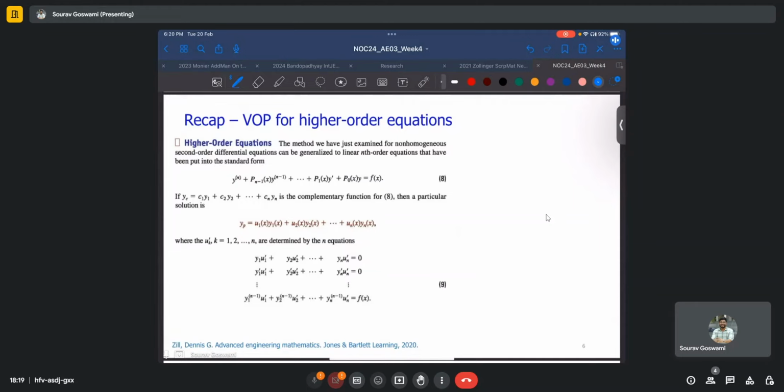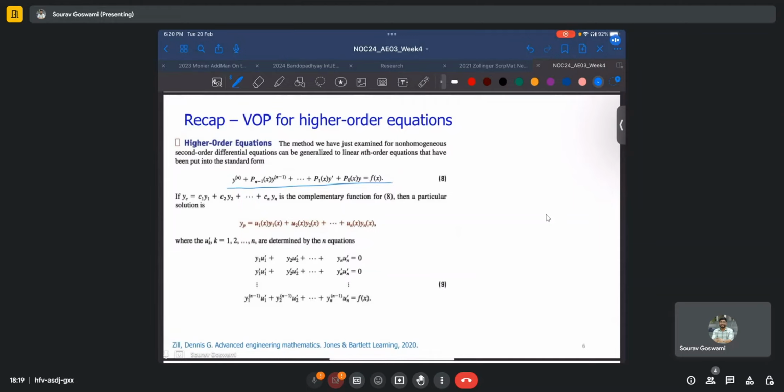And just for the sake of completion, I have included the algorithm for solving even higher order equations using the method of variation of parameters. So for any general nth order differential equation of the standard form, first again we compute the complementary function.